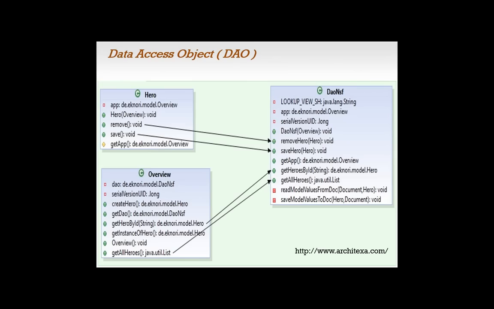You can easily see that neither the hero nor the overview bean has other access to the application other than the displayed arrows here. So the get all heroes from the overview bean accesses the get all heroes in the data access object NSF file.